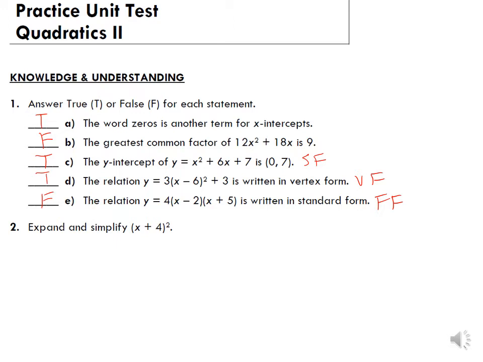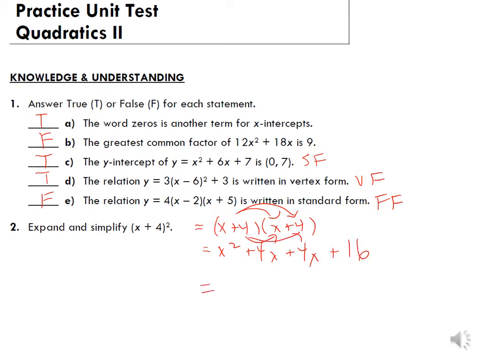Number 2, expand and simplify. The key to this, remember, whenever you see something squared, it's just multiplied by itself. So you want to write 2 of them side by side. And then we want to FOIL. So first times first, x squared, outside 4x, inside 4x, and then last 16.